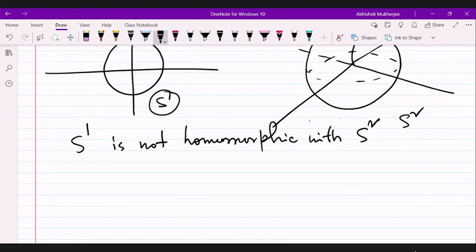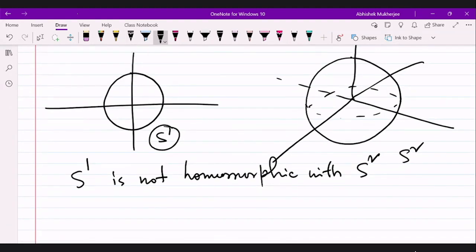And if you take any path, suppose you are deleting two points, suppose one is North Pole, another one is South Pole, but still if you take any closed path here, this can be deformed to a point continuously, right? Very good.